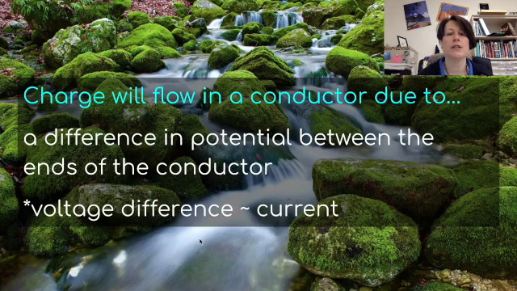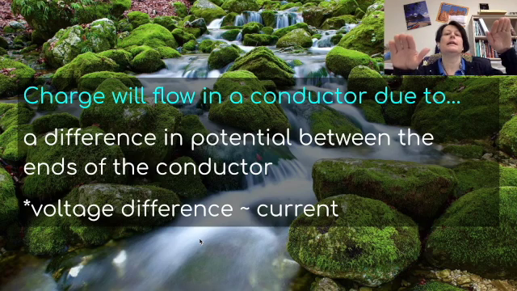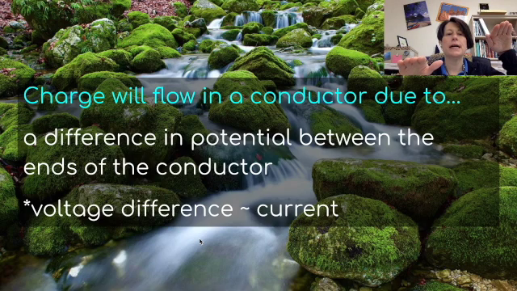Charge will flow in a conductor due to a difference in potential between the ends of the conductor. So a voltage difference means that there will be current, just like in my example here, a difference in potential energy will cause water to flow. There has to be a difference in the potential from the ends of the conductor.